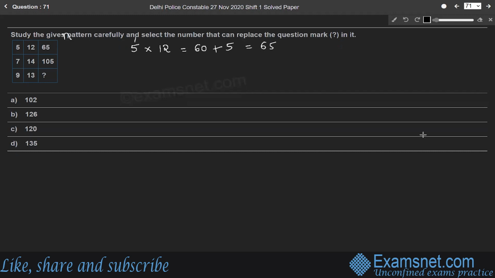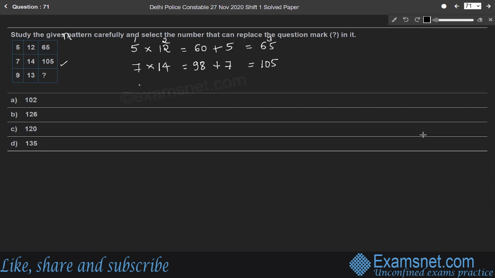So here is the first number, second number, and the third number. In the next row, first number into second number is 98, plus 7 is equal to 105, which is the third number.